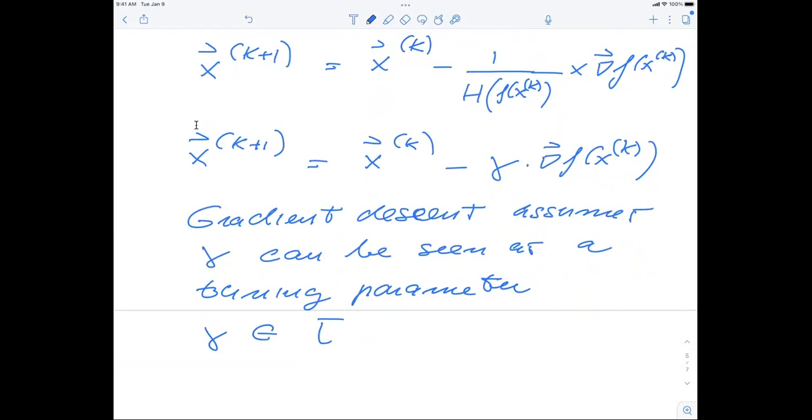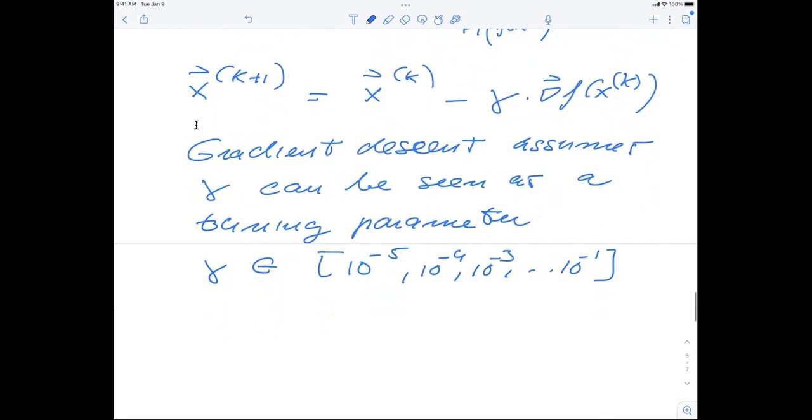You could choose a set of trial values going from 10 to the minus 5, 10 to the minus 4, 10 to the minus 3, and so on, up to, let's say, 10 to the minus 1. If you make it too large, you will be jumping in and out of the region where you want to optimize the function. If you choose it too small, you risk remaining in the same position and barely moving after a certain number of iterations.